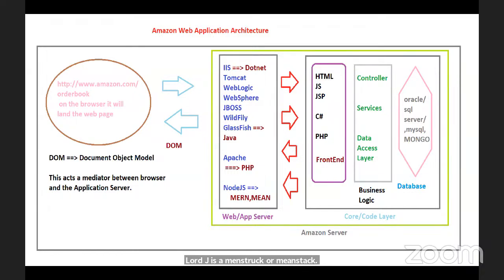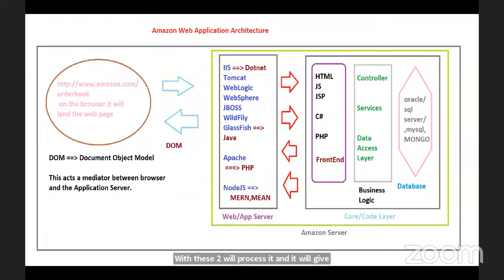So these are the flavors, depending on the programming language you choose. Inside that, there are the front end layer, business layer, and database layer. Front end will be HTML, JavaScript, JSP, and all those things. With the help of the web server and app server and the core layer, these two will process it, and it will give a DOM tree.